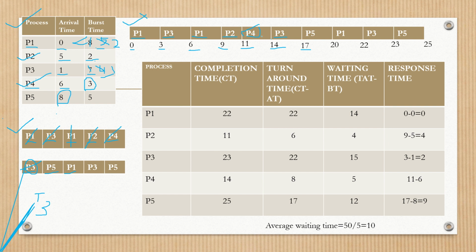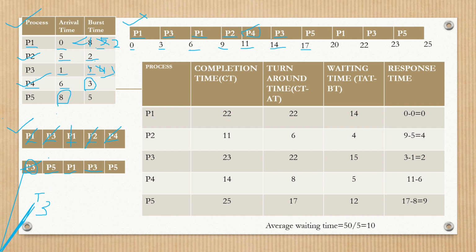So again, what is going to happen? Once it is at time 17, you can see that P3 is going to be inserted at the end of your ready queue, because still one more unit P3 has to complete. Next, at time 17, which is the first process in your ready queue?